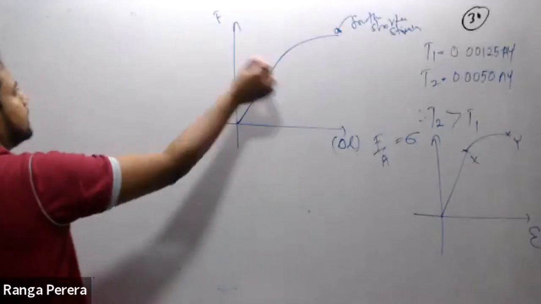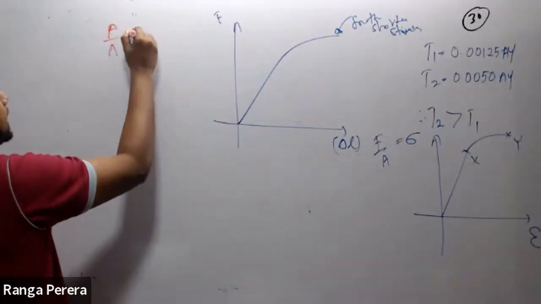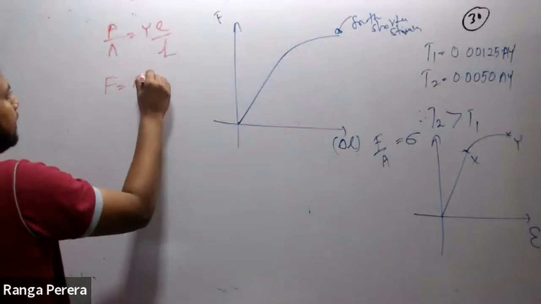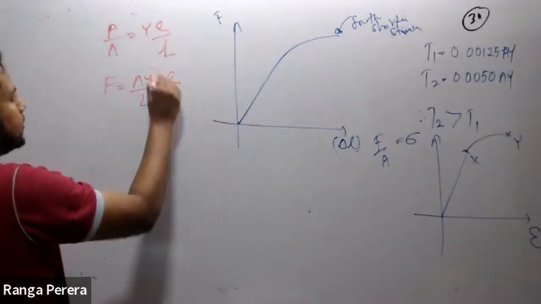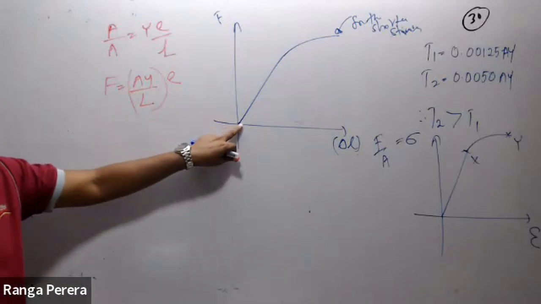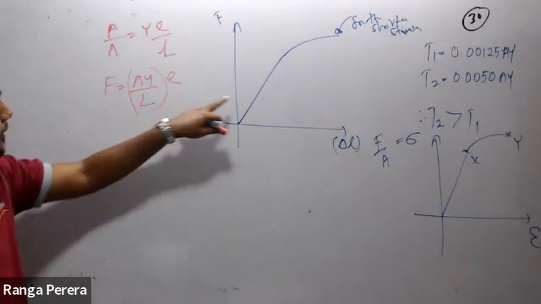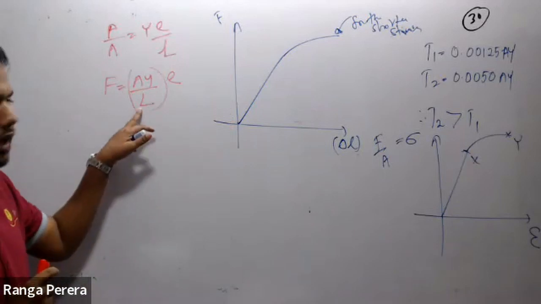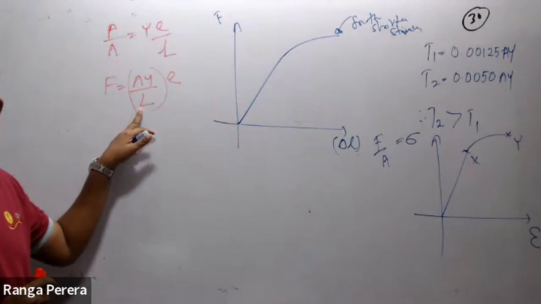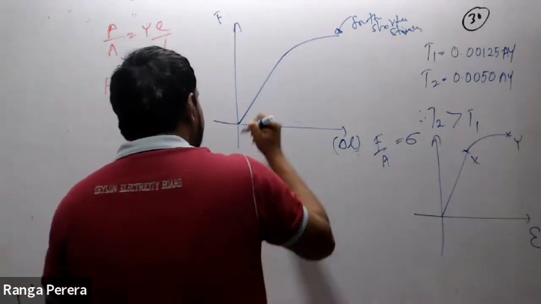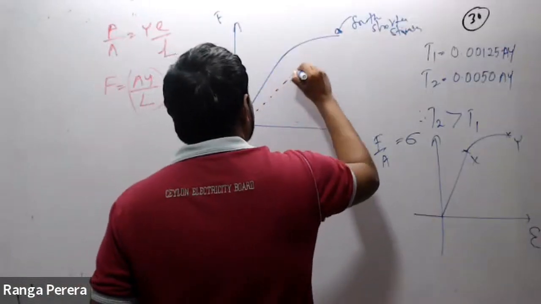The gradient of this, F over A equals Y E over L. F equals A Y divided by L into E. When the length is increased, what happened to the gradient? Decreases. So I should consider a gradient which is less than this value.